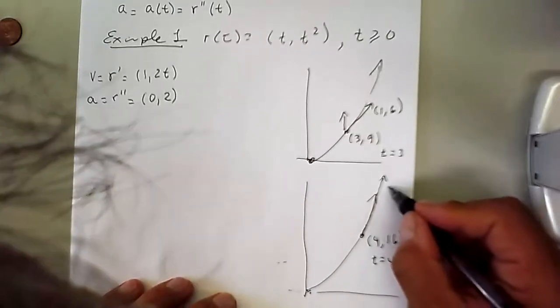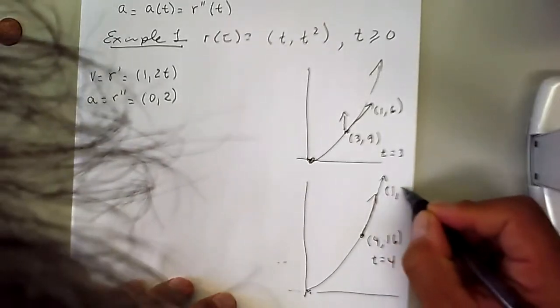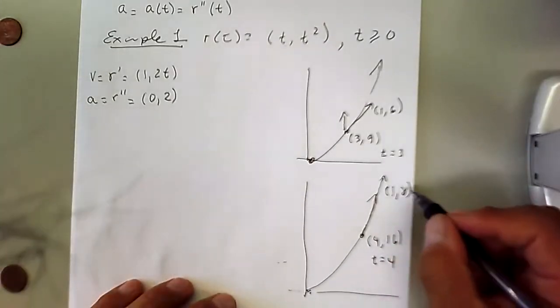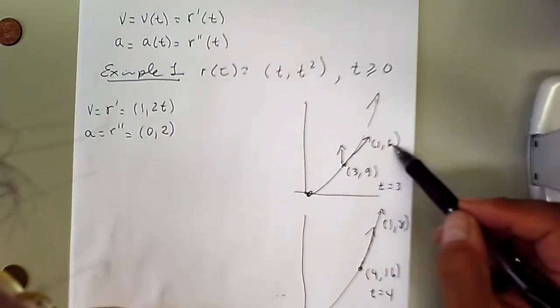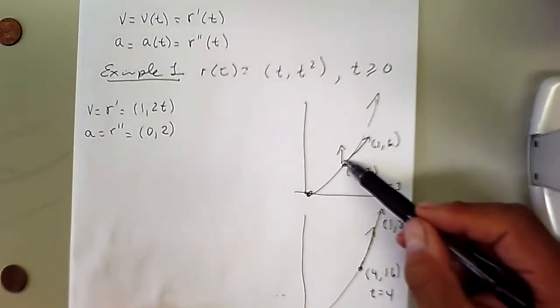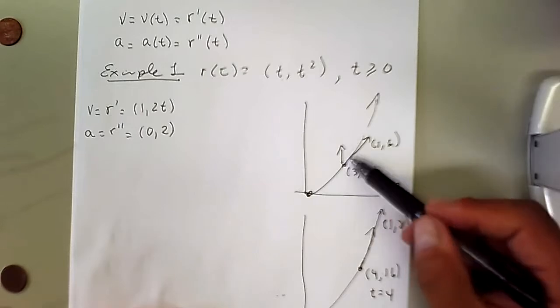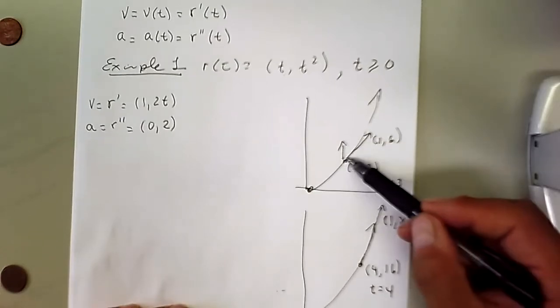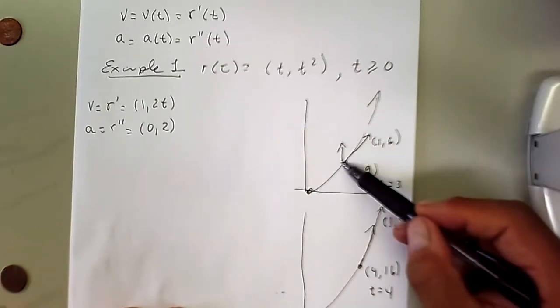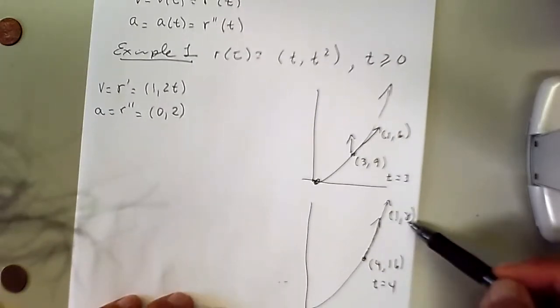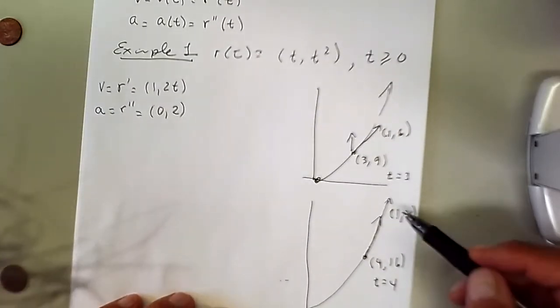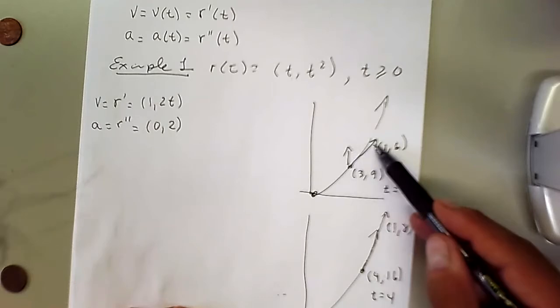So the velocity vector would be 1, 8, which, when you think about it, is the same as the vector 1, 6 added to 0, 2. So if we change this by adding 0, 2, we end up with 1, 8 from 1, 6, which implies that the acceleration vector changes the velocity vector.